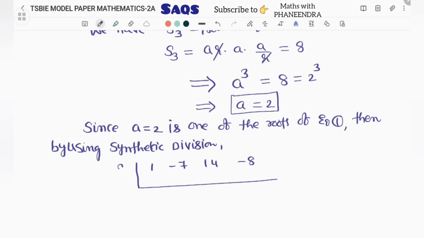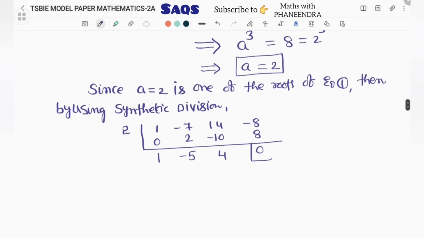So 2 is the root. First here you have to put 0, add 1 plus 0, so it will become 1. 1 into 2, 2, adding these two, minus 7 plus 2 is minus 5. Minus 5 into 2, minus 10. So adding 14 and minus 10, 4. 4 twos are 8. So 0 will be there.